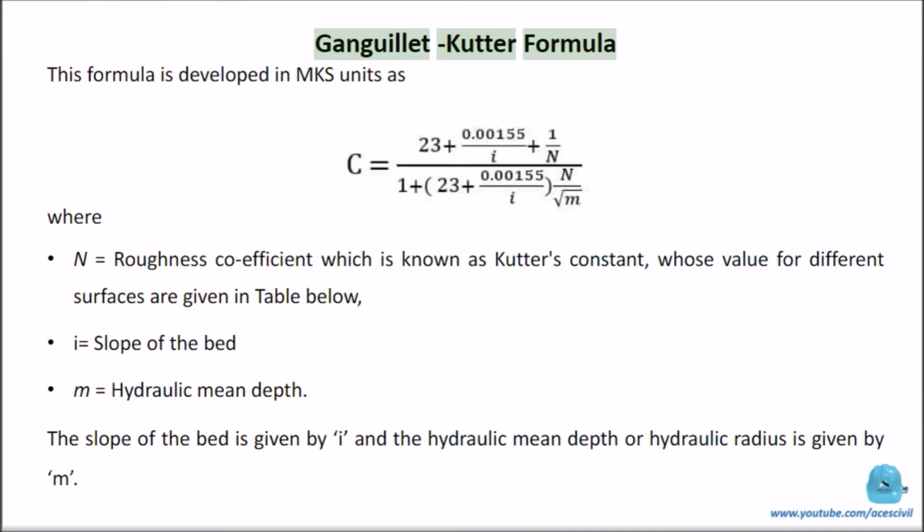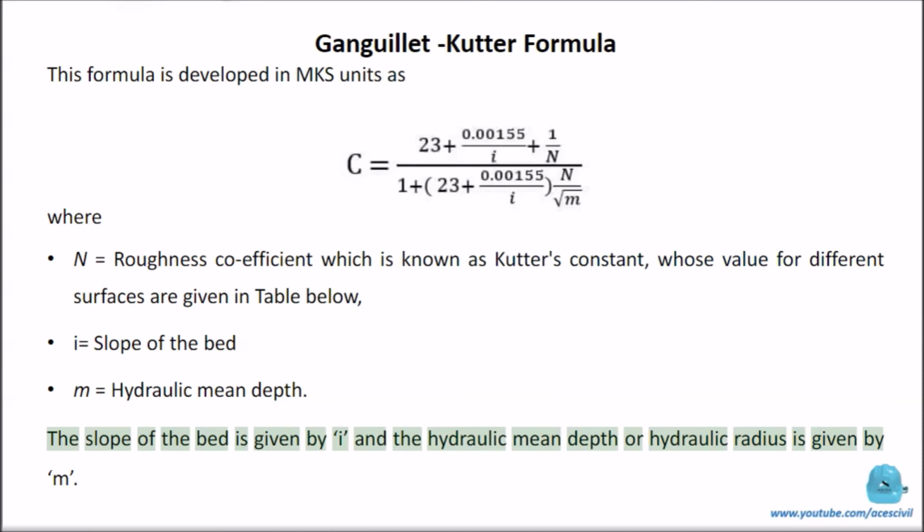Ganguillet-Kutter formula. This formula is developed in MKS units as shown, where N equals roughness coefficient, which is known as Kutter's constant, whose values for different surfaces are given in table below. i equals slope of the bed. m equals hydraulic mean depth.